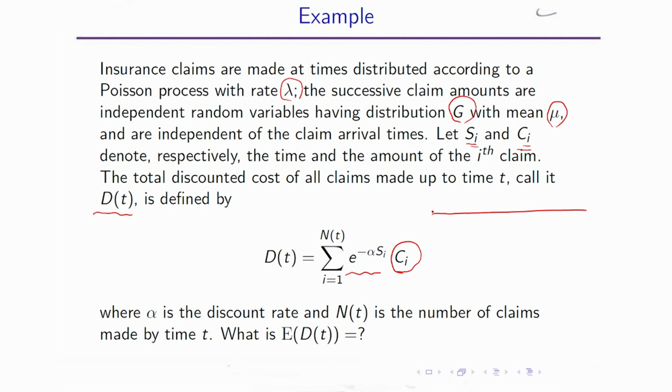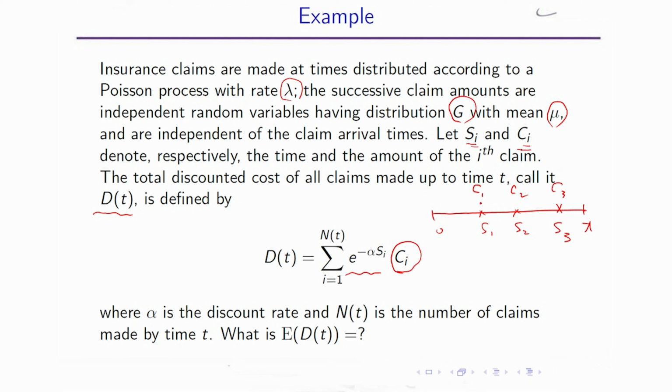If this is from 0 to t, and those are insurance claims, for example, this is S1, this is S2, this is S3, for time, and C1, C2, C3 represent the amount, right?